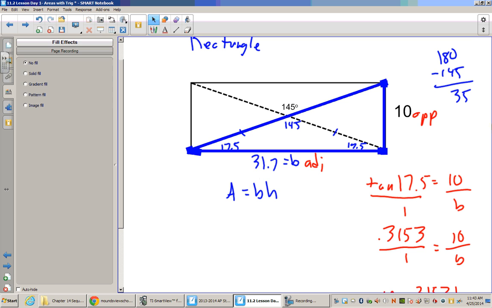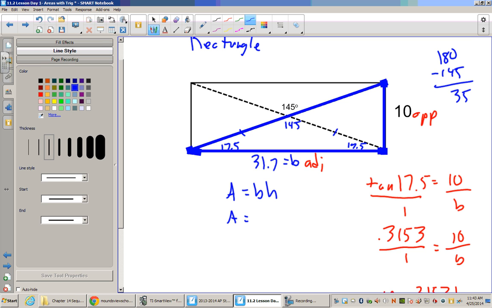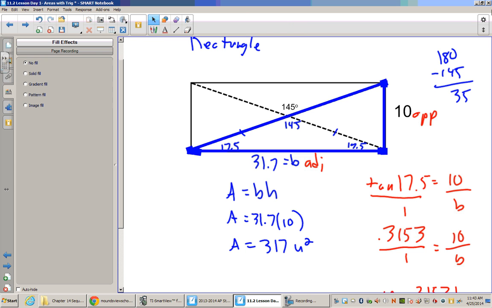So now to find the area, I take base times our height, which is 10, and that would be 317 units squared. Now let's try another one.